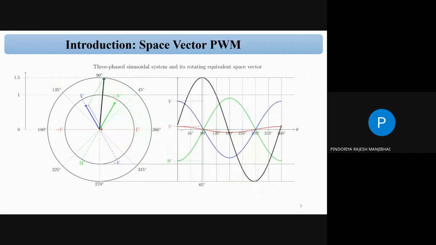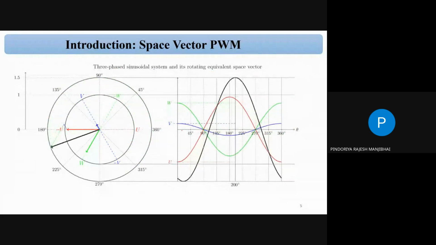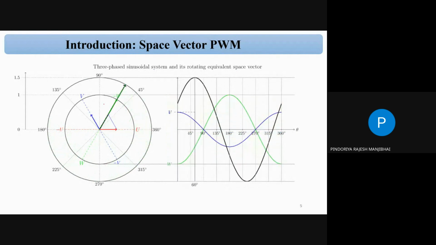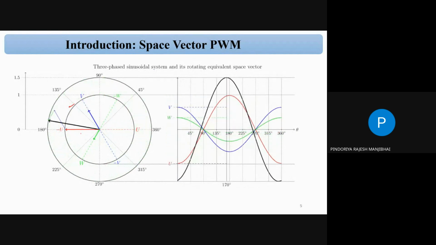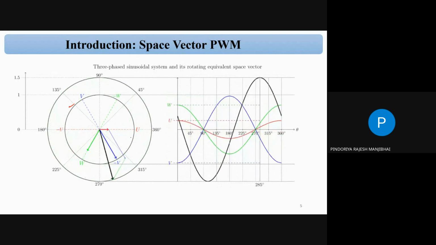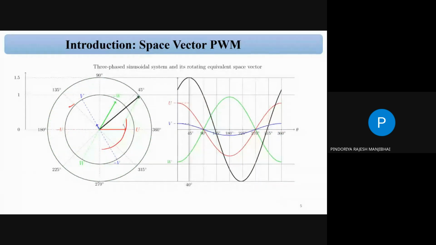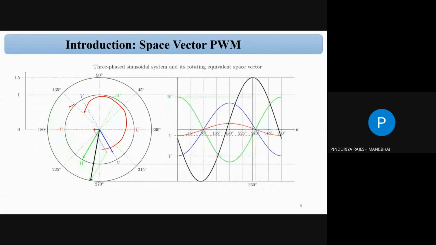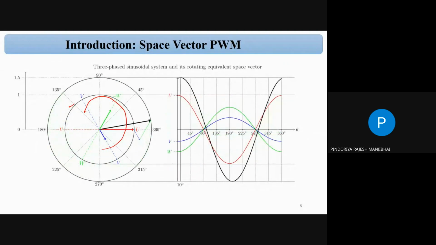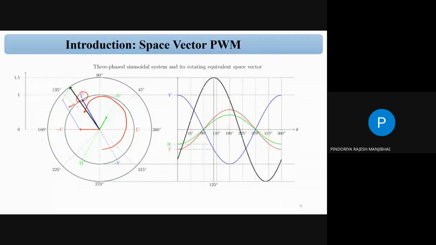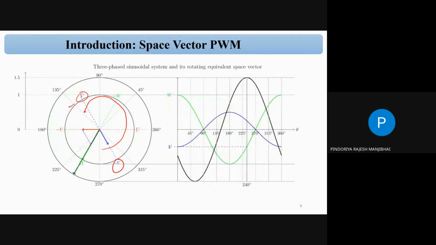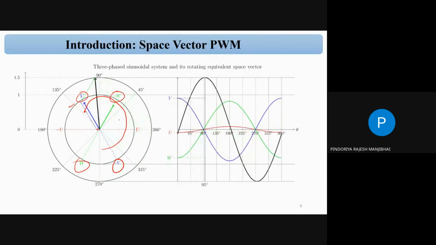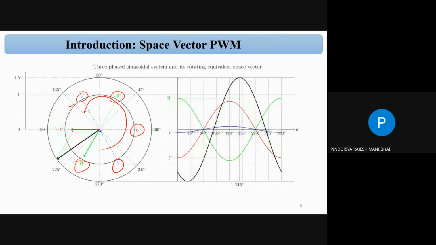You can see this is the visualization of the space vector technique. This is a vector, rotating continuously through 360 degrees, and we have to operate switches at different angles. We have voltage V and minus V, that is one phase; minus W and W, another phase; and U and minus U, another phase, correct?